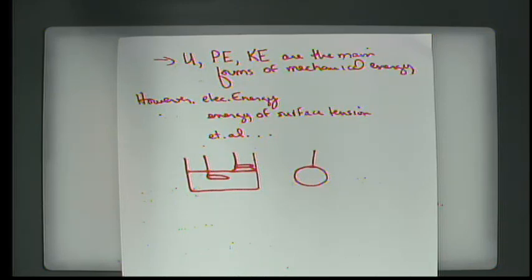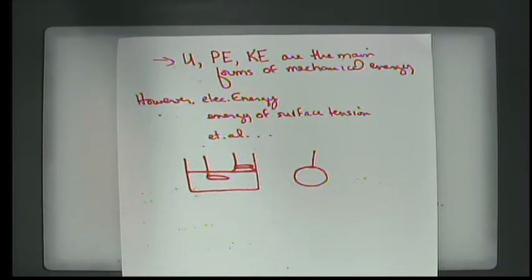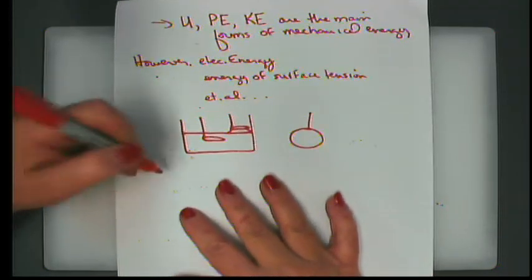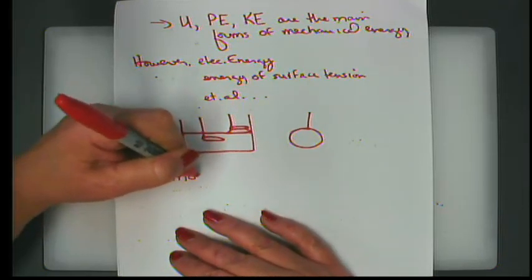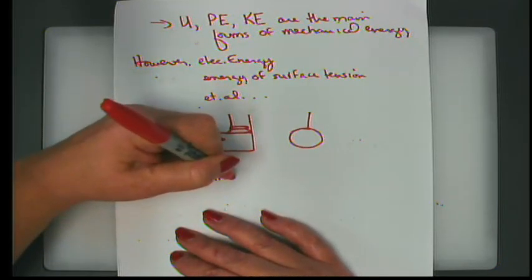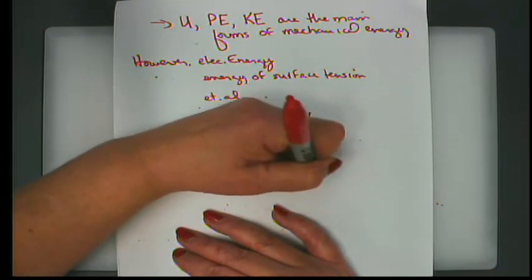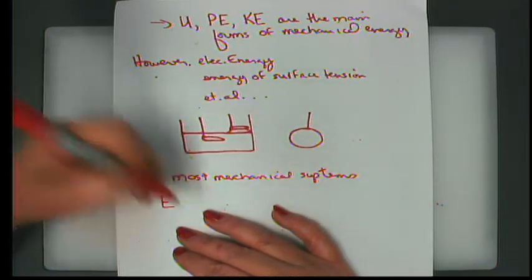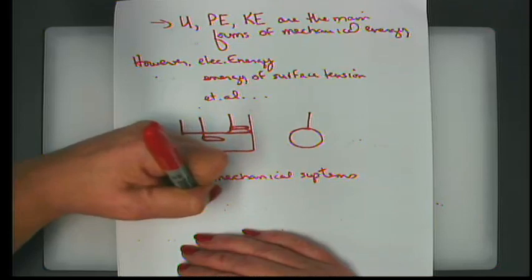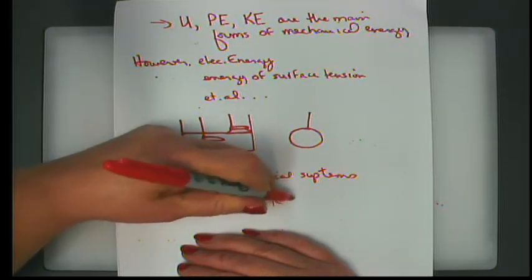But there are other types of energy that are generally not going to be our consideration at this point. In most cases, in most mechanical systems, we can say that E total is equal to U plus PE plus KE.